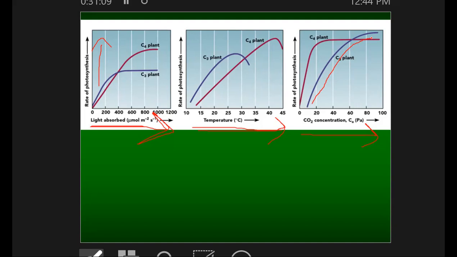So if you increase CO2 around the C3 plant, that's good. They can continue to do better rates of photosynthesis. C4 plants are already so good at it that it doesn't matter. So it's complicated. Yes, more CO2 in our atmosphere could help C3 plants, but it really doesn't do much for the C4. They're already very efficient.